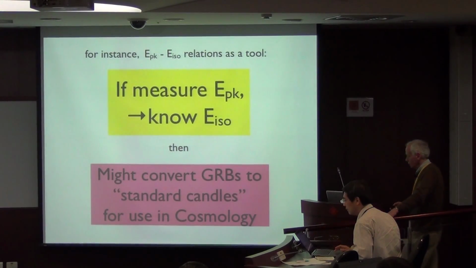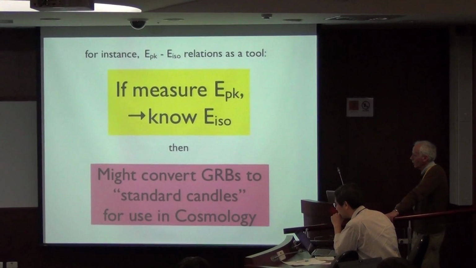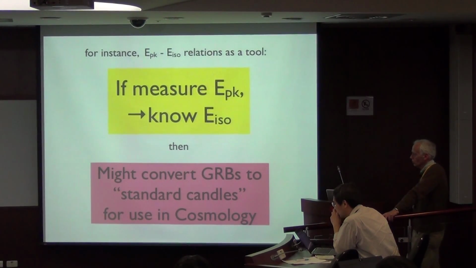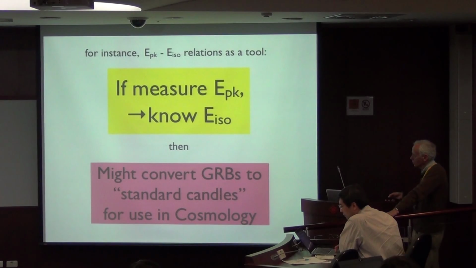The idea is that if you have measured E_p, from these correlations you could infer what E_iso is. And that might help you to convert GRBs into a standard candle, which you might use in cosmology. Basically, you measure E_p and you measure an observed flux, you compare it to the E_iso that you deduce from the E_p, and that gives you a redshift.